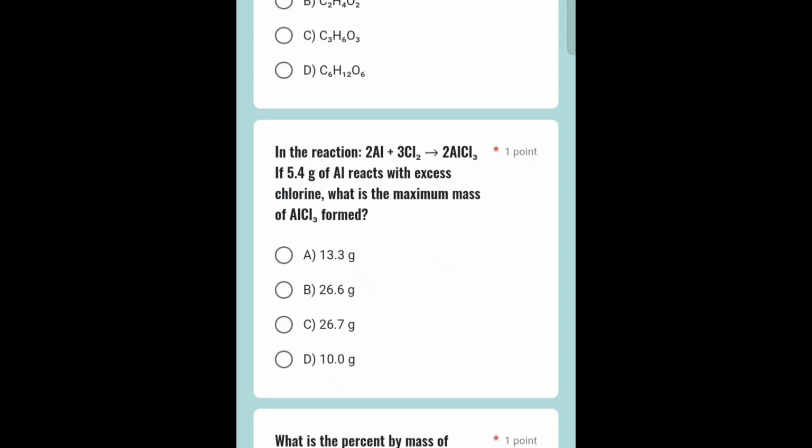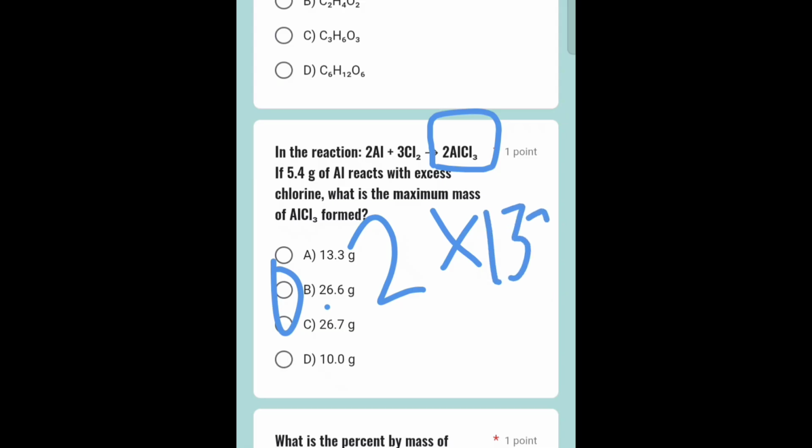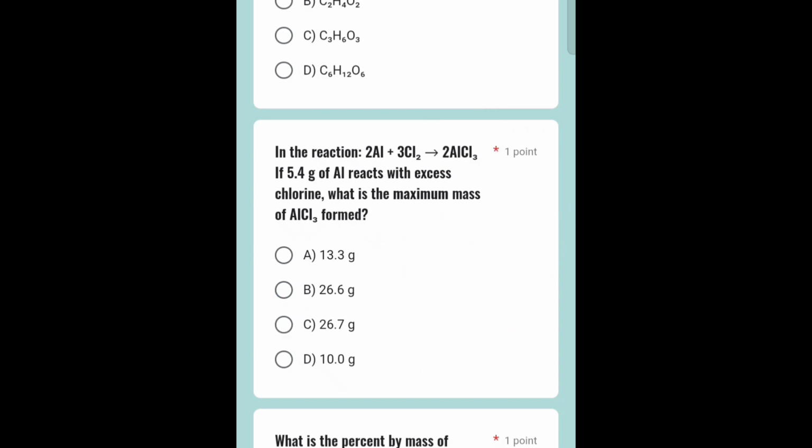So we multiply 0.2 by its molar mass, that is 133.5, and the answer comes out to be 26.7. This will be C.